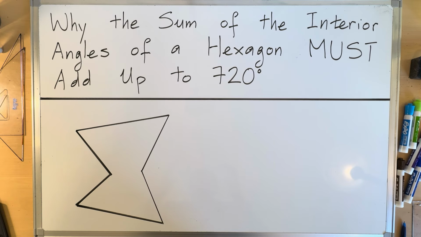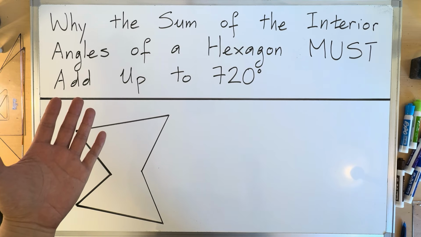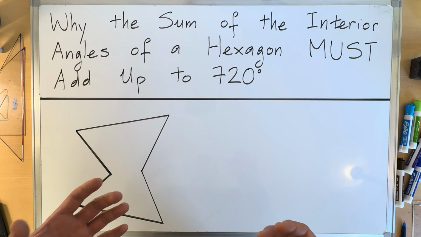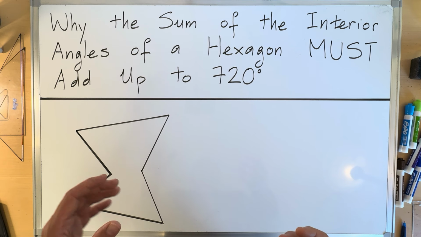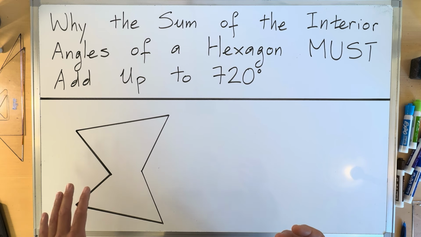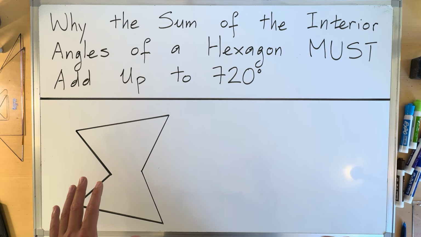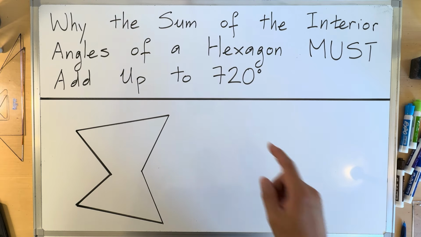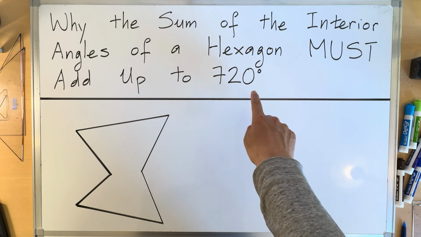Now, this is the case regardless of whether the hexagon is a regular hexagon or an irregular hexagon, and regardless of whether the hexagon is a concave hexagon like the one shown here or a convex hexagon, all interior angles of all hexagons must add up to 720 degrees.